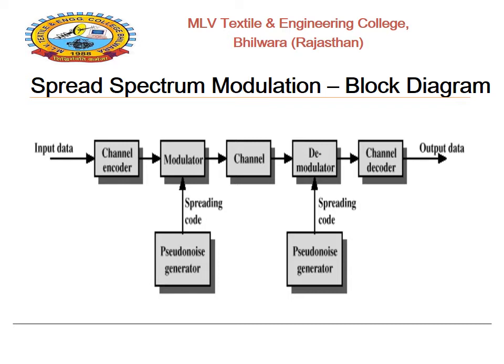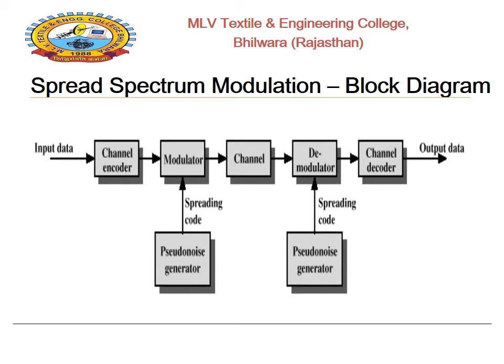Looking at this block diagram, consider it block by block. First is the channel encoder, which is used to encode the input data sequence. Next it is given to the modulator, which performs the spread spectrum modulation process, and the other input of the modulator is the pseudo noise generator, also known as the PN sequence generator.